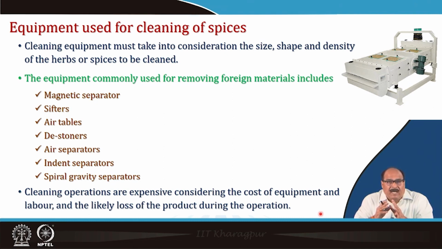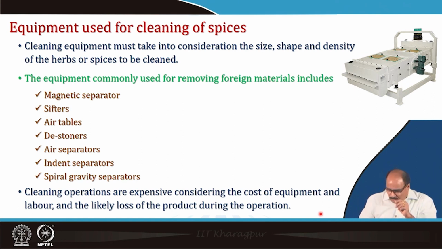Cleaning operations are sensitive and also expensive, considering the cost of the equipment and labor, and there is likely loss of the produce during the operation if proper care is not taken.